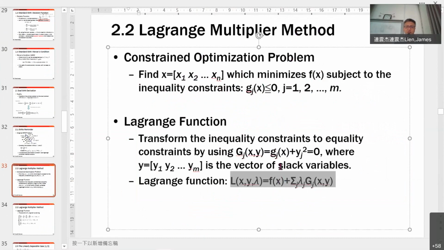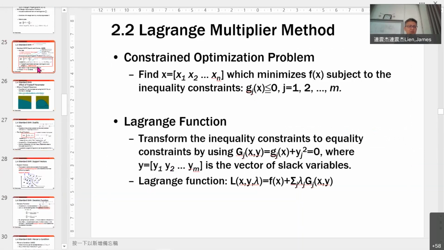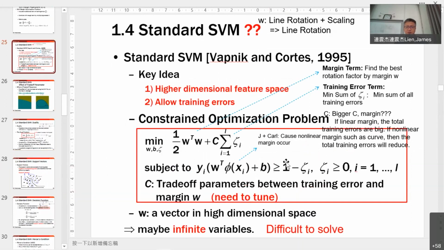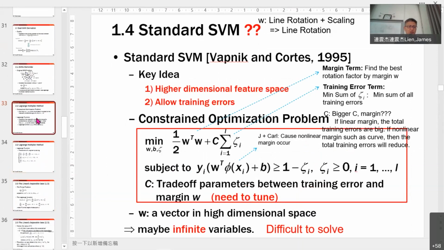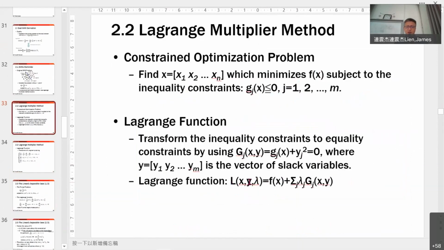This x is the input. F is the original equation. G is the constraint. The constraint means you want this to become this one. This original constraint becomes this one. Originally you were here, but the condition is that this has to be greater than or equal to 0, so you move this term over, and it becomes the Lagrange form. So this is the Lagrange equation.